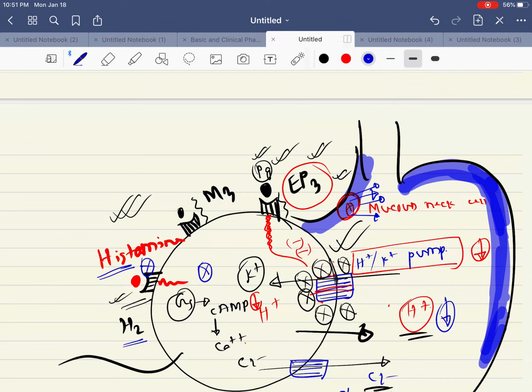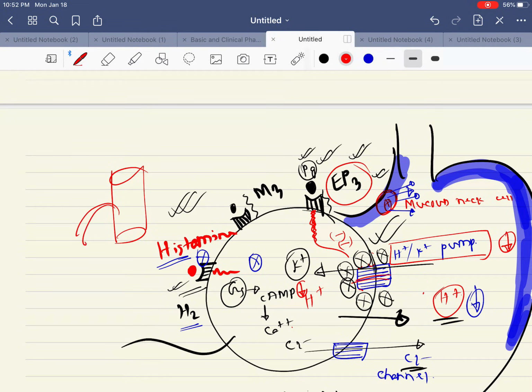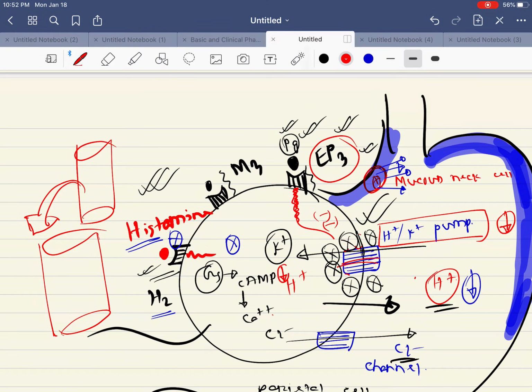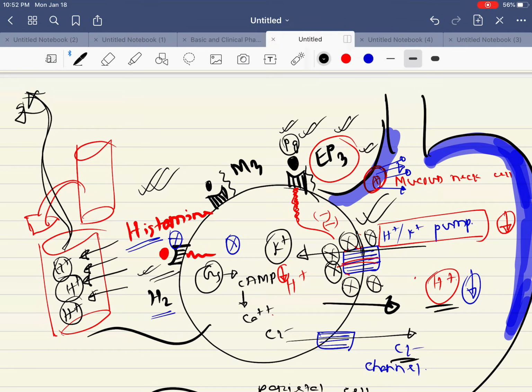Also, prostaglandin causes vasodilation. If the blood vessels underlying the gastric mucosa become dilated, they will take the increased H plus ion from the gastric lumen by diffusion, wash it out from the site of the gastric lumen, and carry it to a distant site.